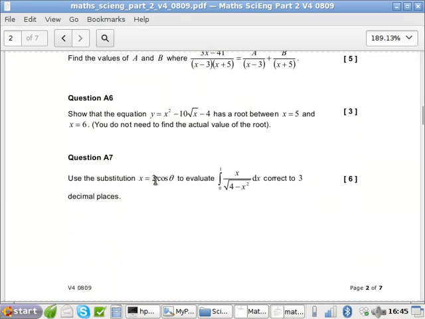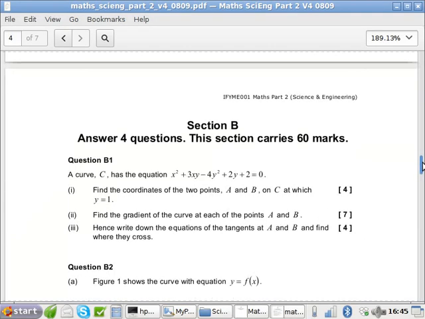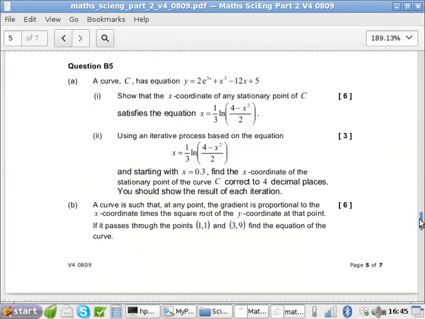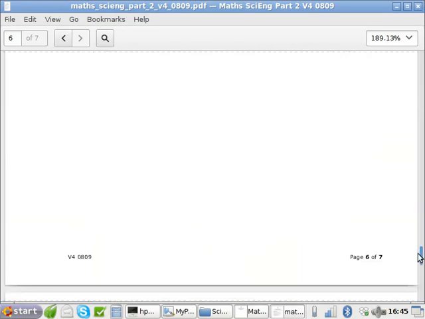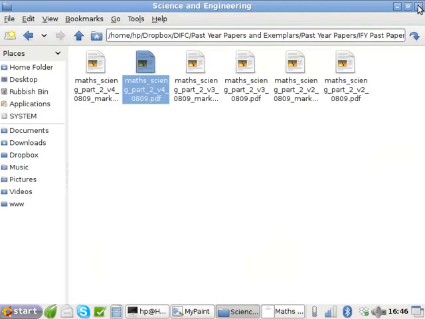Again, this is a trig integration. They give you the substitution here. I can't find it right now. I've seen a question like this in the exam, that's why I have it in here. But I think they prefer questions like number 1 and 2.